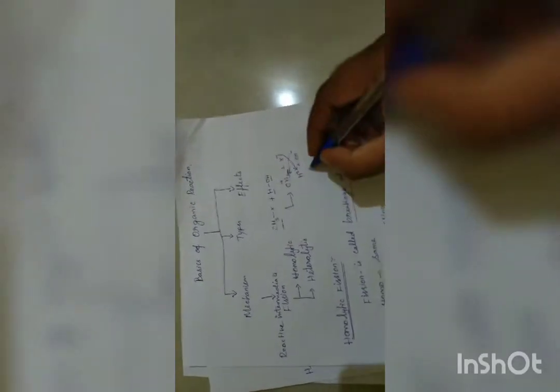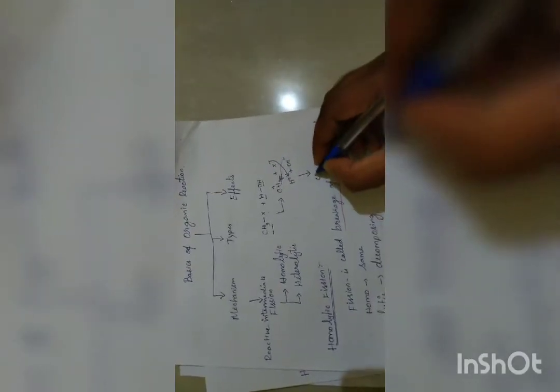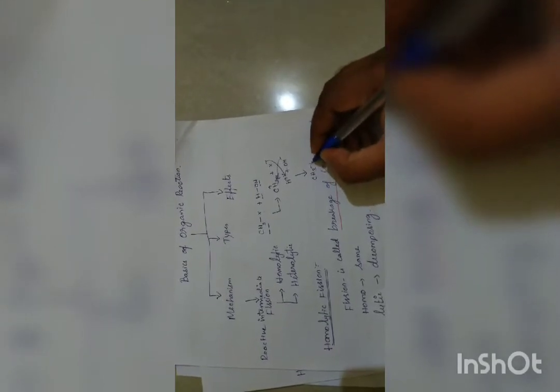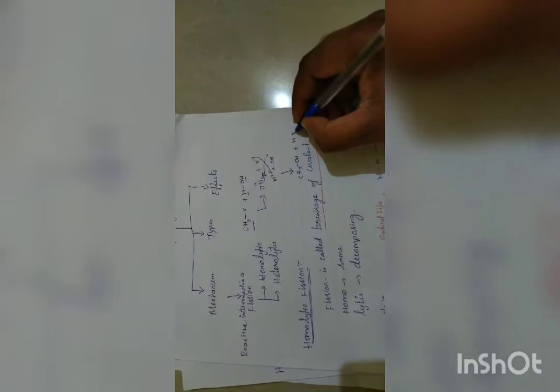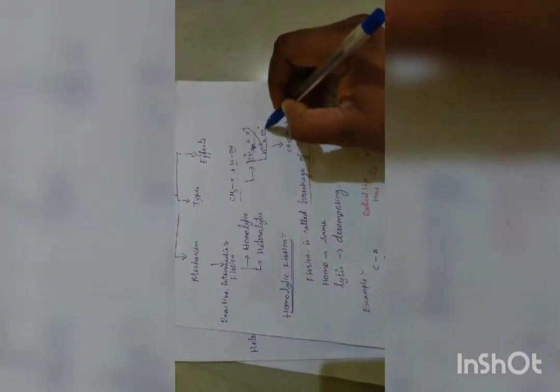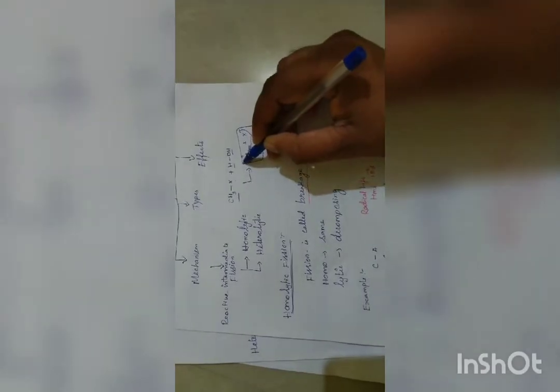It becomes the product CH3OH plus HX, where X means halogen. This is called an intermediate product. This intermediate has different types.